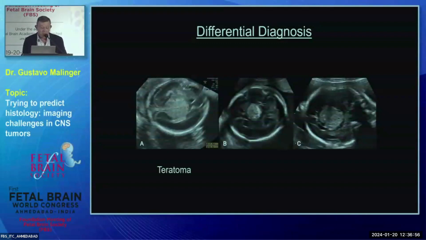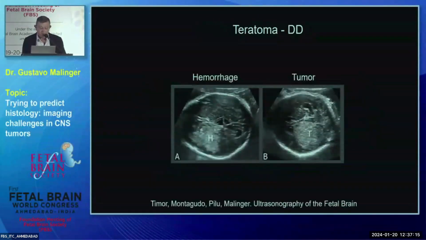But actually, this is a teratoma, this is a craniopharyngioma, and this is an astrocytoma. So based on ultrasound, you can try, but the chances that you are wrong are quite big. In any case, in all these cases, as I told you before, the prognosis is not good.